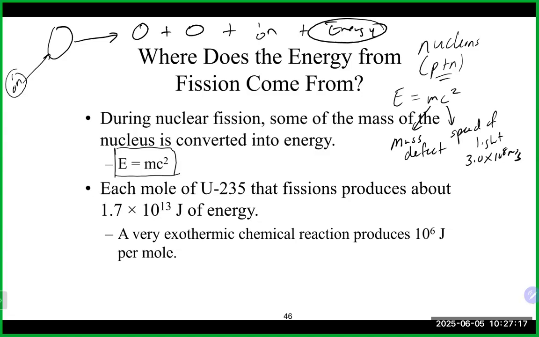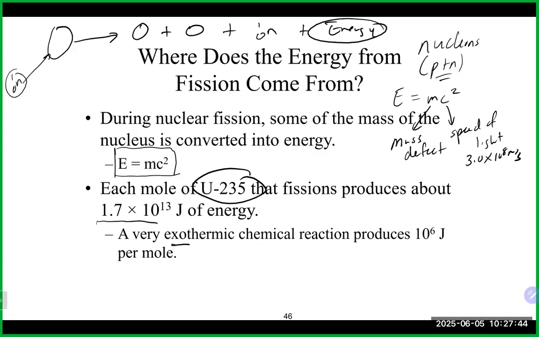This is what is sometimes referred to as binding energy, that energy that comes from this difference in the mass of the components that make up the nucleus and that of the isotope itself. As we talked about earlier, something like uranium-235, which goes through fission, releases about 1.7 times 10 to the 13 joules of energy per mole.